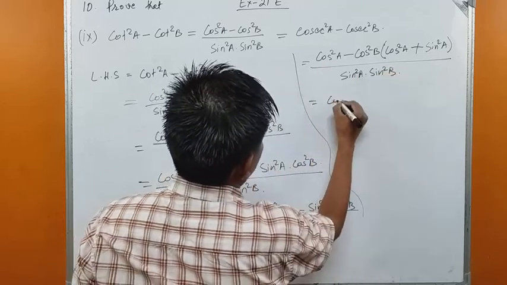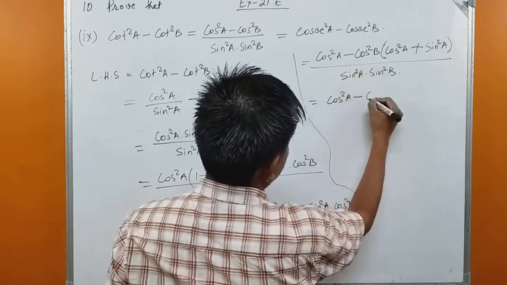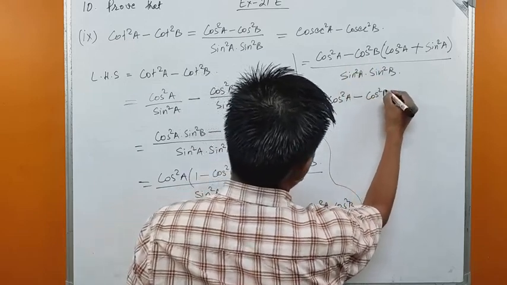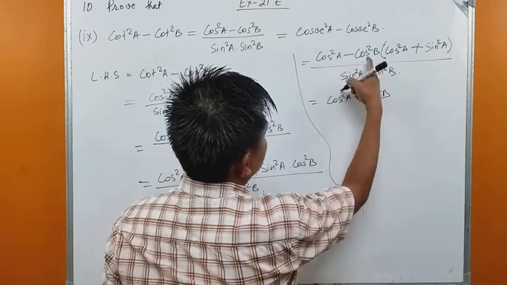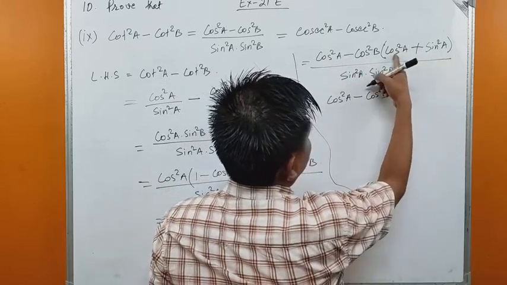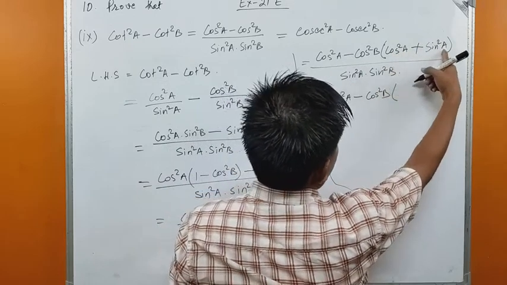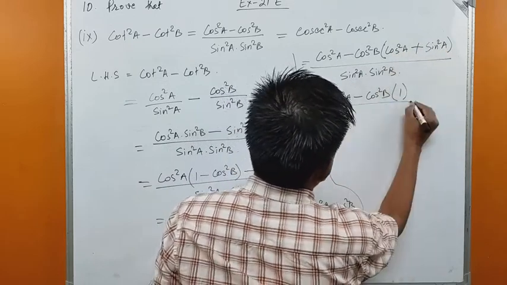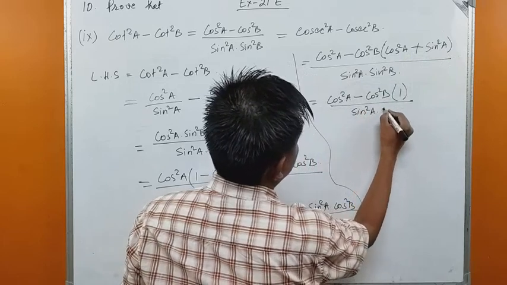Now cos square a minus cos square b, cos square a plus sin square a. See here the angles are the same, isn't it? A. So cos square a plus sin square a means 1, upon sin square a sin square b.